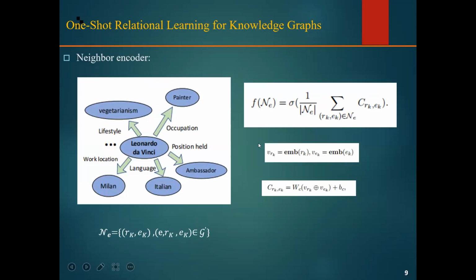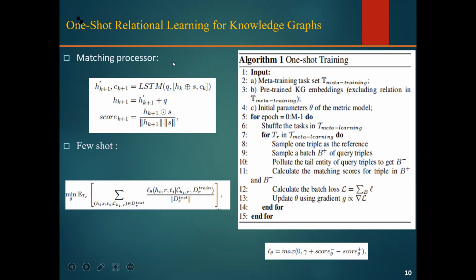For the matching processor, we have the neighbor encoder representation for the reference entity, the only example we have, and for the query entity, the one we try to predict. So we have two vectors, these representation vectors.